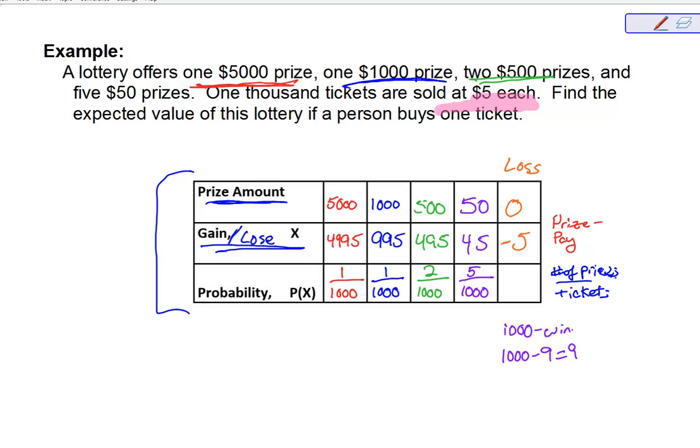So there are 991 losing tickets out of the 1,000. And this is how you're actually going to find your table. Once you do this, we kind of ignore this row because here is your x and here is your probability of x that we're looking at to find our mean.